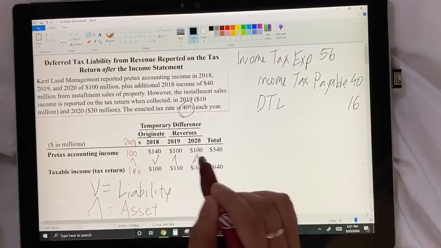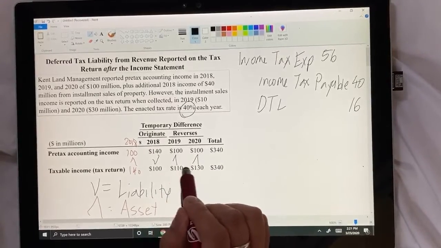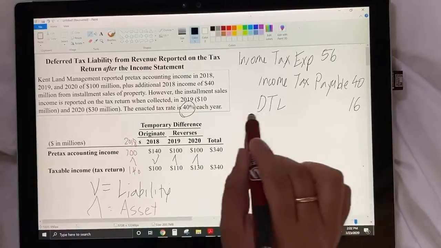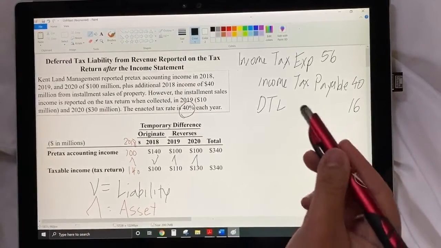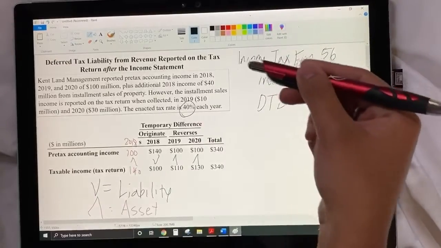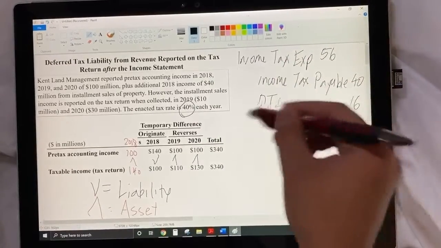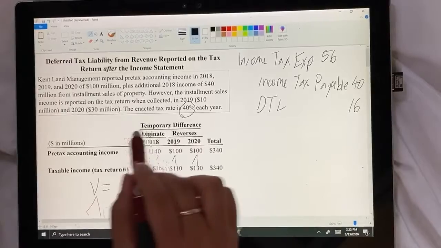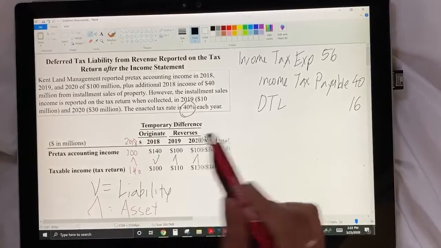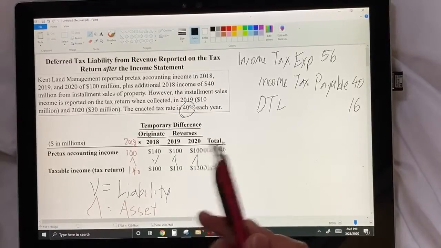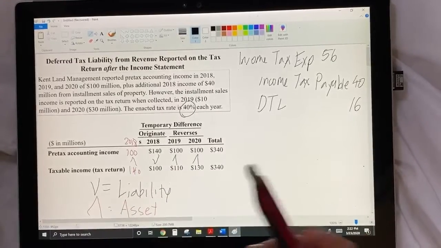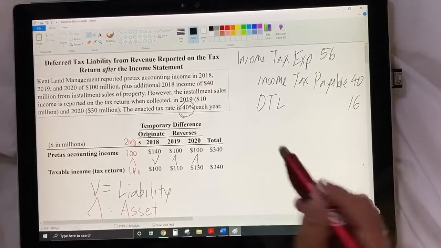This is greater, this is greater. It doesn't change to deferred tax asset. It still stays as DTL. You can't reverse an account with another account. That doesn't make sense. You have to reverse it with the same account, because it's a temporary difference. So what's happening is it's coming back, or it's fixing itself.